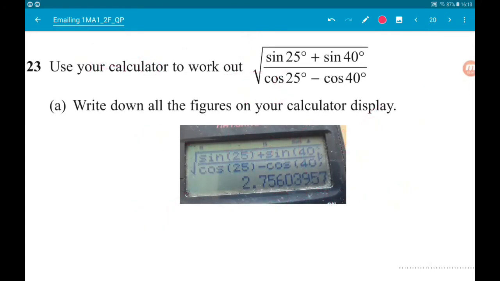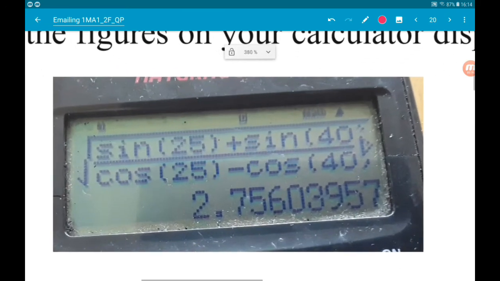Okay, number 23, just using our calculators to work out the square root of sin 25 sin 40 over cos 25 minus cos 40. So, you need to be really careful when you put a trig in.